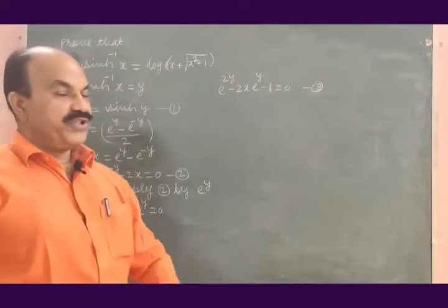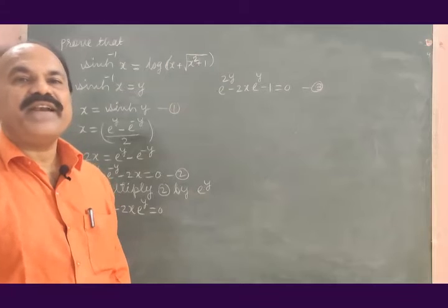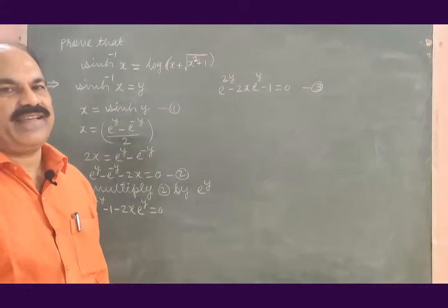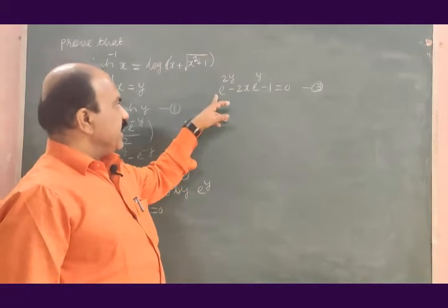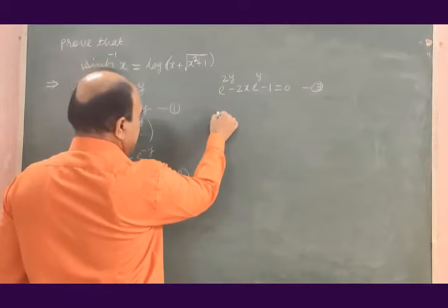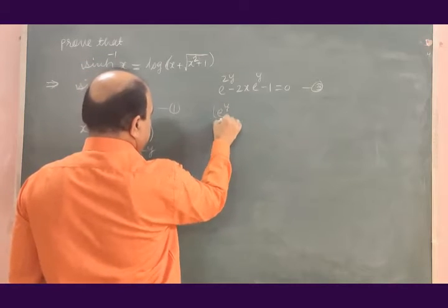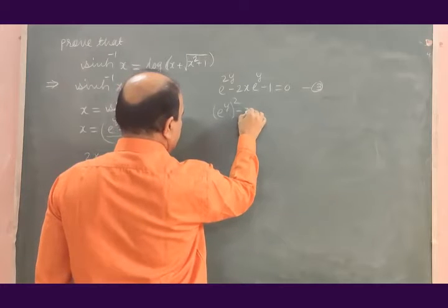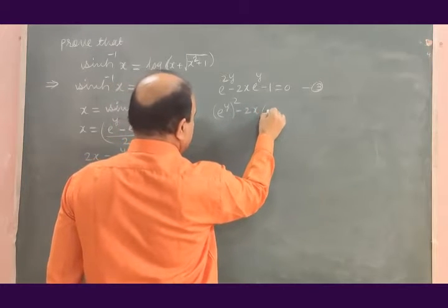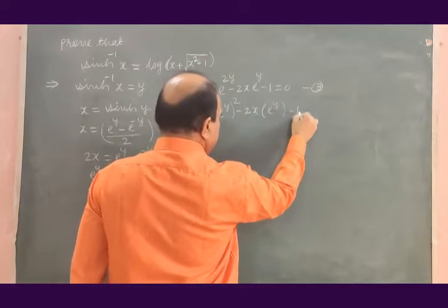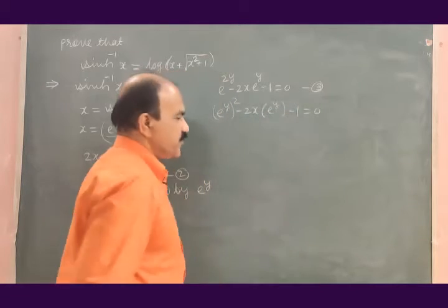And equation number 3 is a quadratic equation in e to the power y. Let me write this, (e to the power y) square minus 2x e to the power y minus 1 is equal to 0.